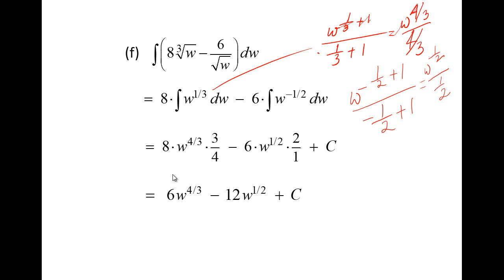Doing a little bit of simplification here, you see 4 goes into 8 twice, so we get 6w to the 4/3 minus 12w to the half plus c. And we're going to rewrite w to the 4/3 as cube root of w to the 4, and w to the half is the same as root of w, and then we get a plus c.